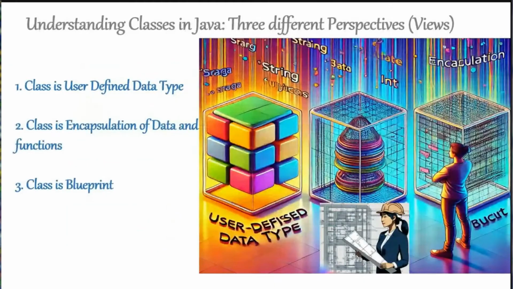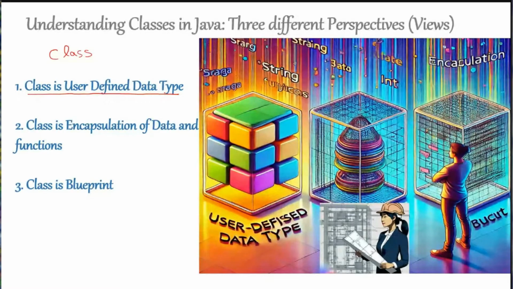Okay, so now after that, one important thing is that for class in Java, students, there are three different perspectives, and each perspective is very necessary to understand classes in Java deeply. So the first perspective says that class is a user defined data type.